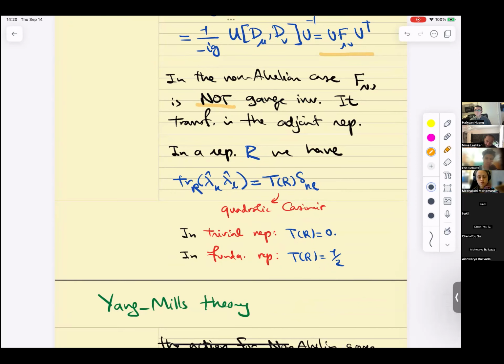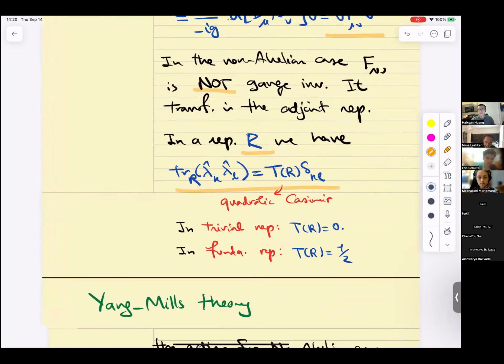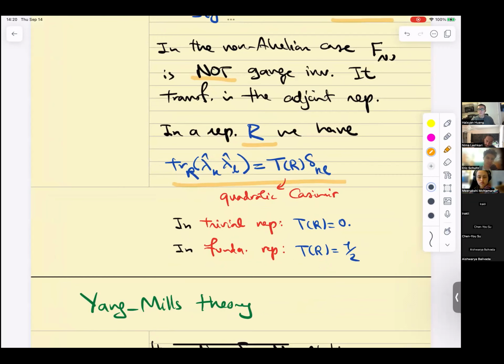So in some representation R, if you have the generators of your Lie algebra lambda k and lambda l, the trace of it is that we diagonalize them, we make them orthonormal, right? We often make the generators of the Lie algebra orthonormal, and then the coefficient we put here is often called the quadratic Casimir, right?